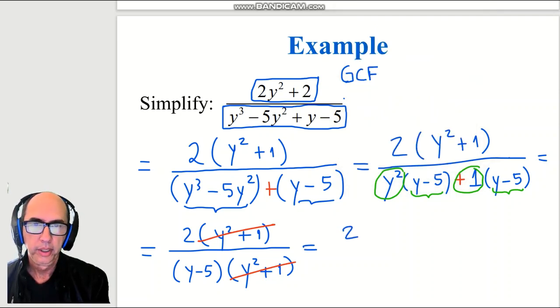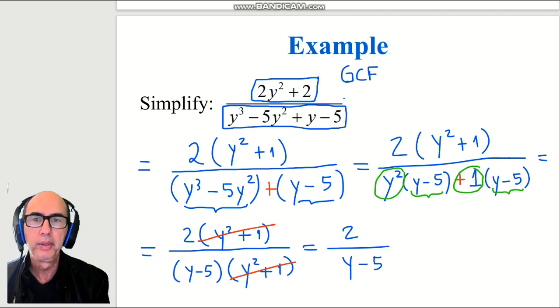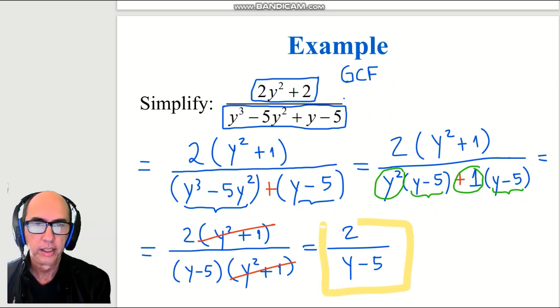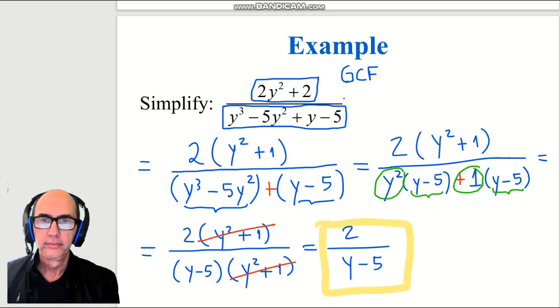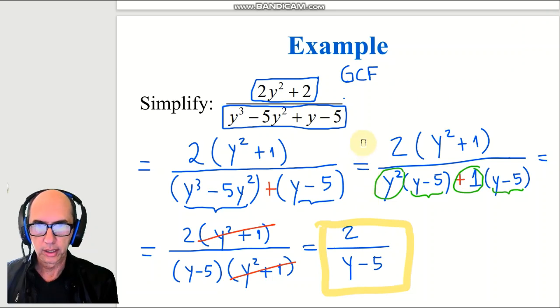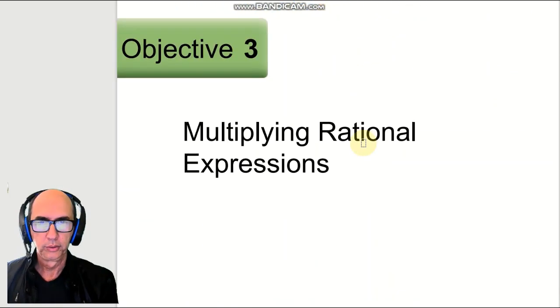And now we have 2 over y minus 5, which is the simplest form of this rational expression and will be the final answer. Okay, this one was hard, but we managed to work it out.